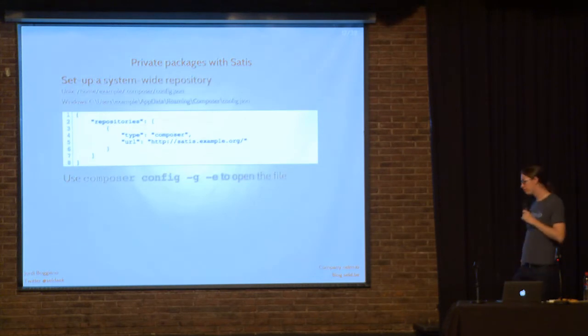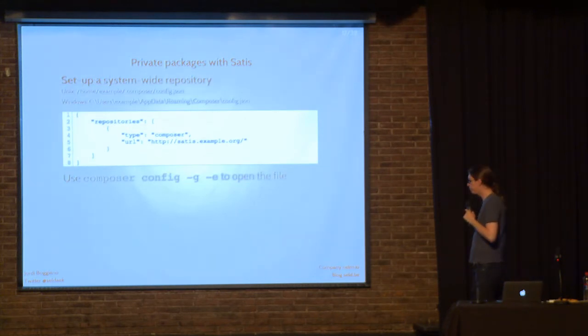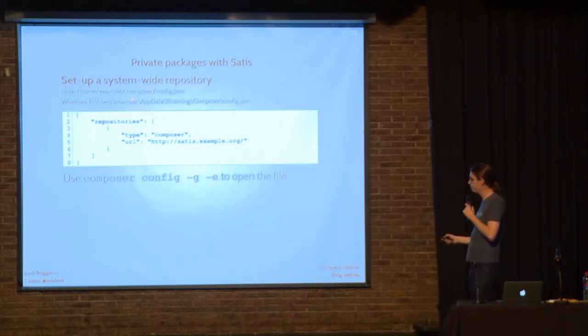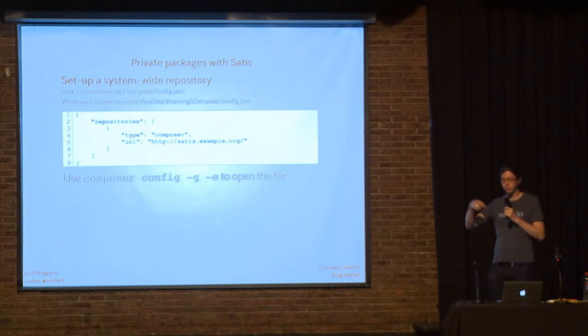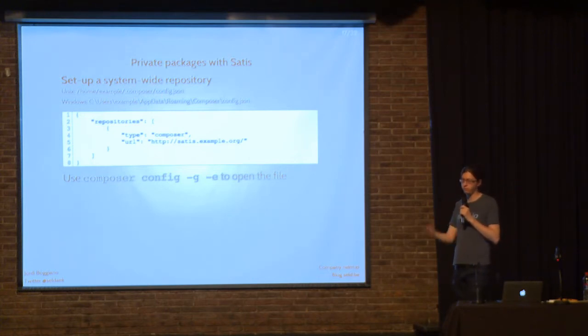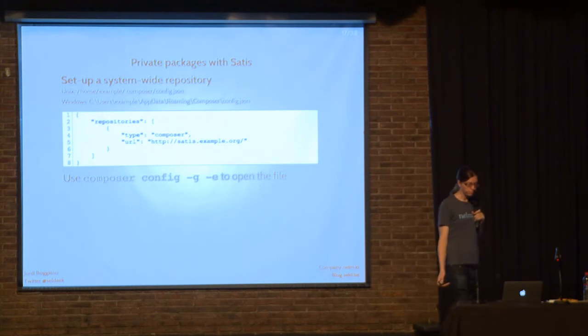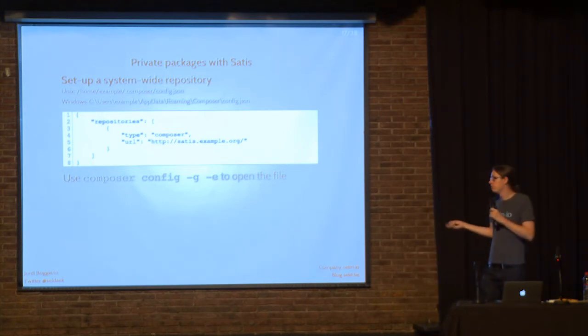And then, as a final step, one more thing you can do is to move this Satis definition into your global config. In the composer home there is a config.json which can have a set of default repositories and also default configuration settings, etc. And so if you do that, it will basically be available in every project.